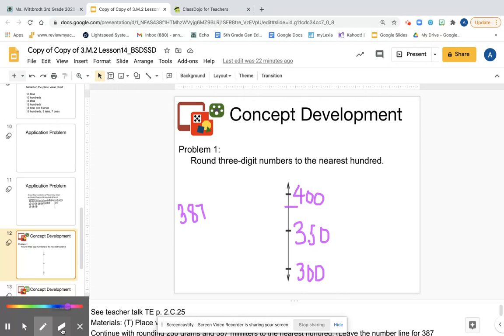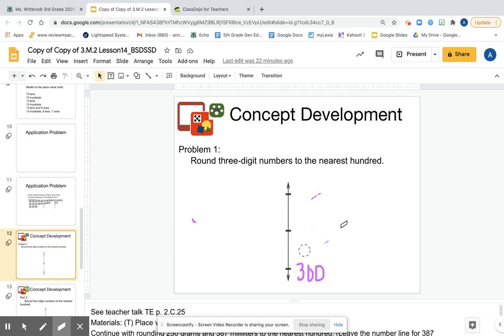Let's try another one. On your whiteboard, again, make sure that you have this number line drawn. Should have 1, 2, 3 tick marks, one at the bottom, one at the middle, one at the top. Pause the video if you need a second. We're going to round 267.